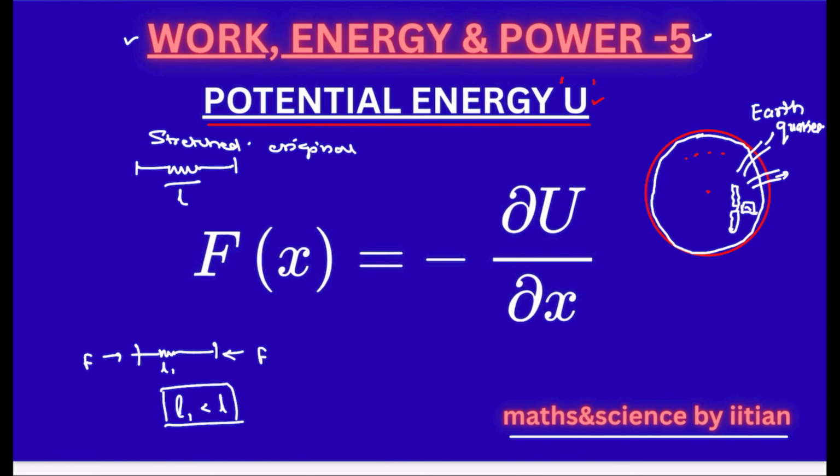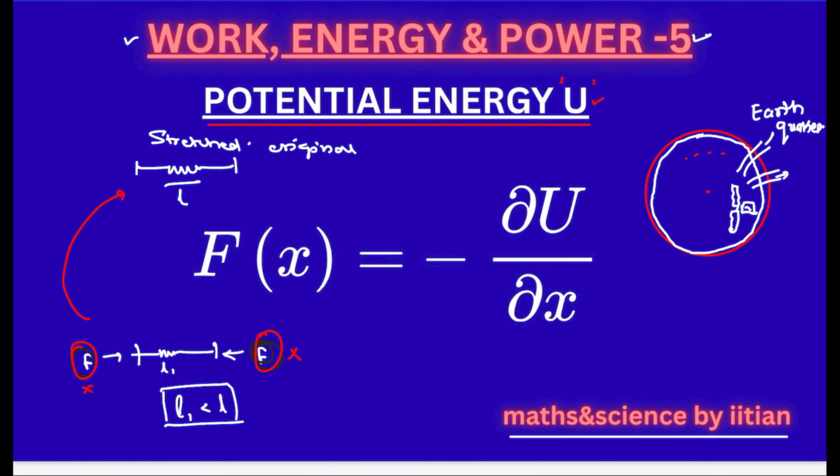The spring is compressed and it will have a stored energy. When you release these forces, it will come back to its original length L. This is the spring system.